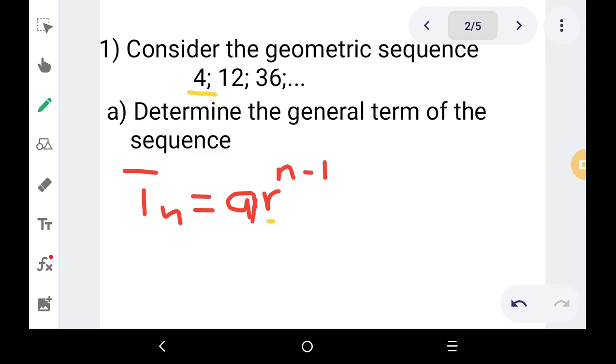The other thing we need is our r. How do we get r? r is given by T2 divided by T1, which is 12 divided by 4, giving us 3. So our constant ratio, since we're talking about a geometric sequence, is 3.